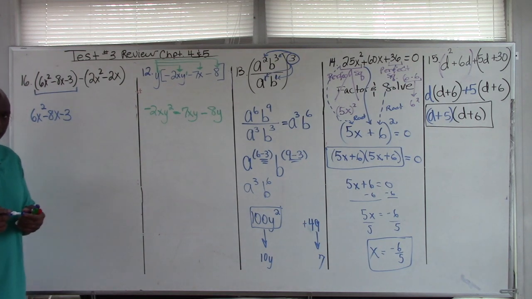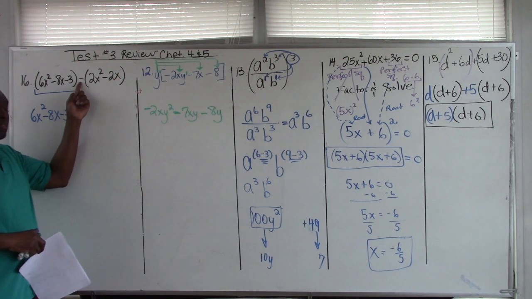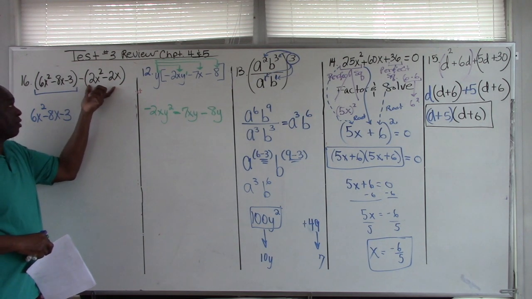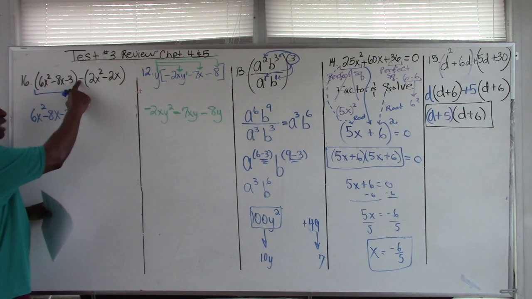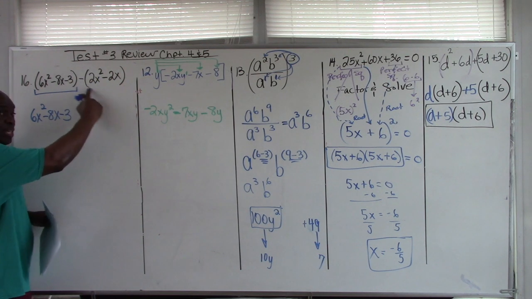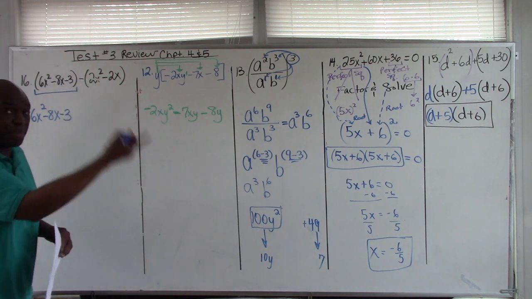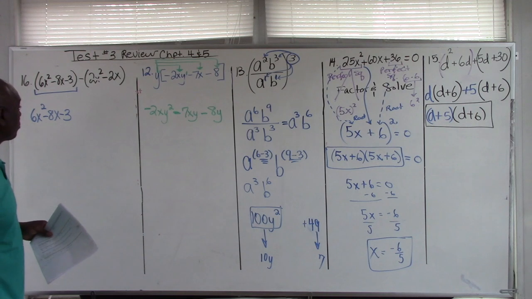Everybody good? You got it? Okay. Now, notice this. We have a minus sign here. Minus this polynomial. Quantity 2x squared minus 2x. Okay? So since there's a minus sign, you have to distribute the minus sign, which is going to cause everything in this polynomial to be opposite what it is. So here's what I suggest that students do.